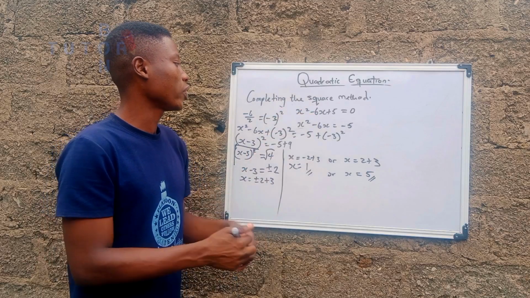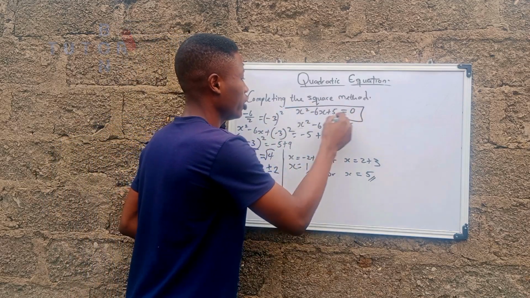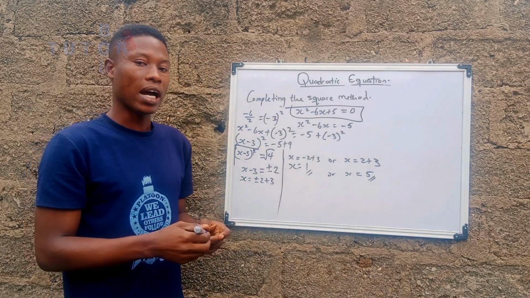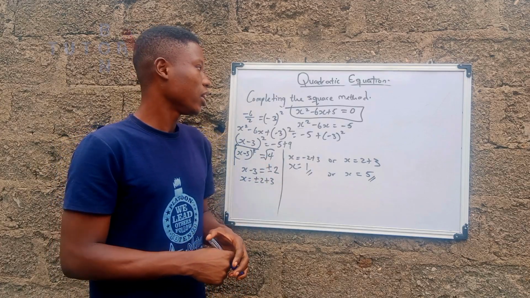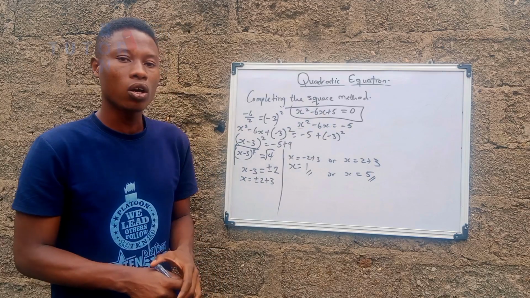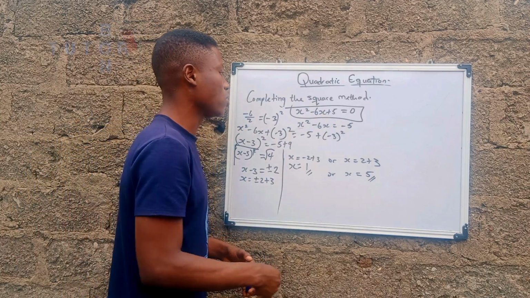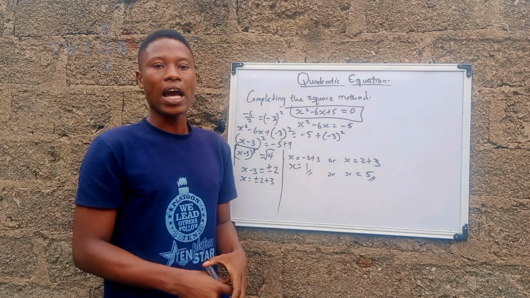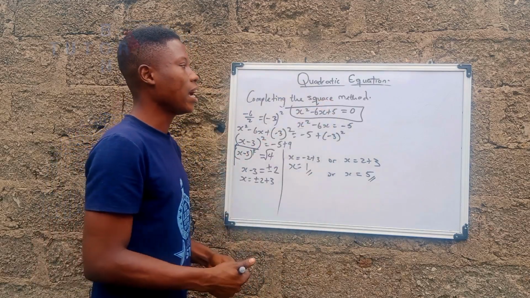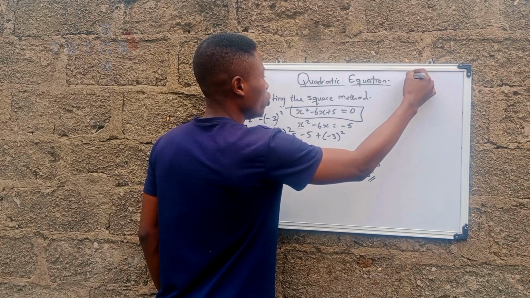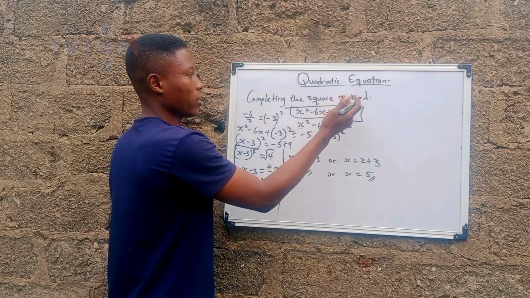And you can try to use the factorization method for this equation. It also works, and you can use it to cross-check if your answer is really correct. If you are to factorize this, you have to look for two values that, when multiplied together, will give you 5, and when added together will give you what? Yes, -6. You have to look for factors of 5 first.